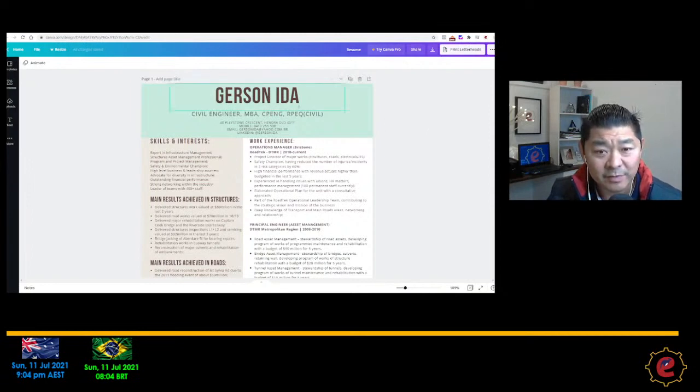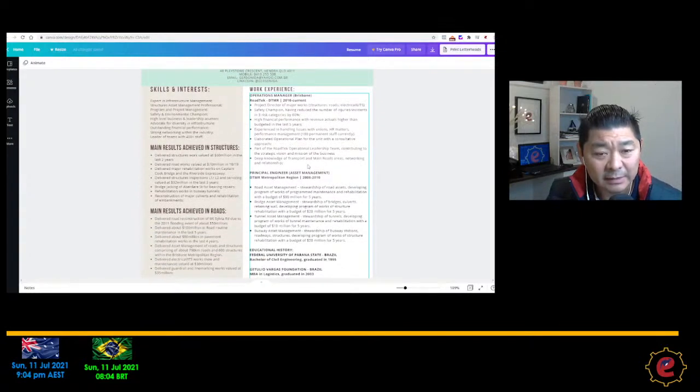So, important parts of the CV: obviously your personal data there. I like this template in Canva because I can split it in two parts.